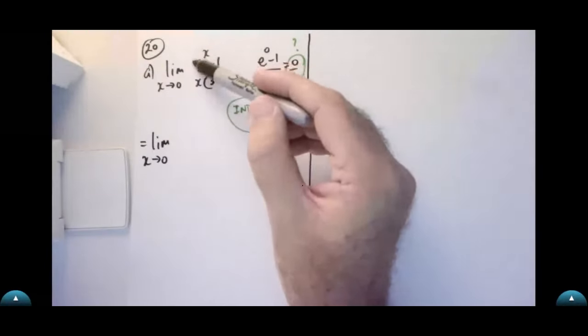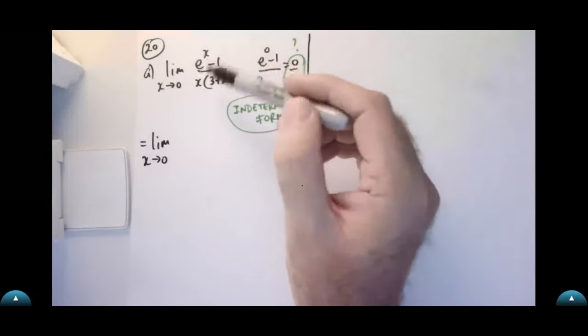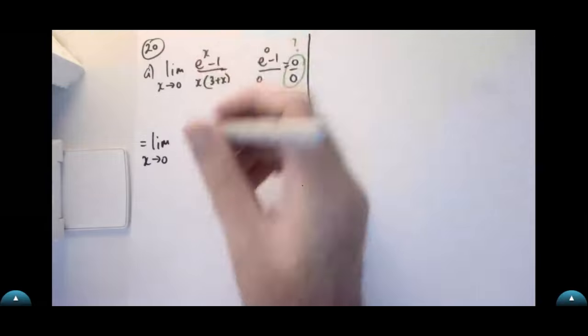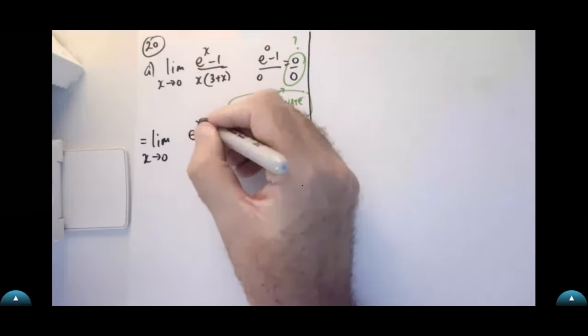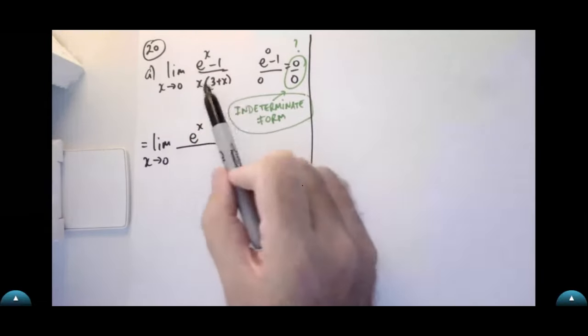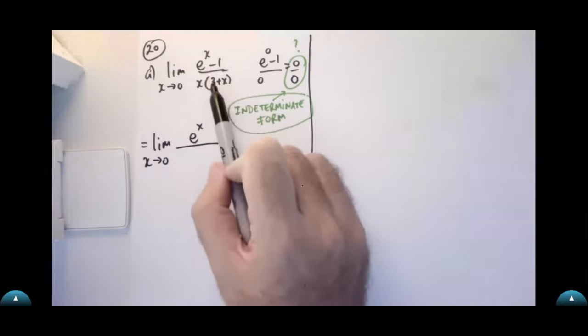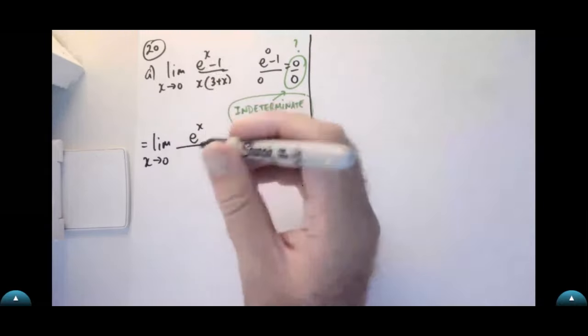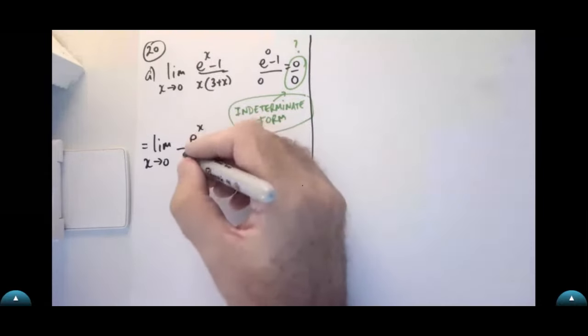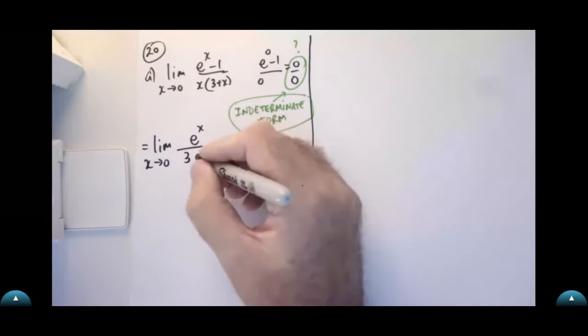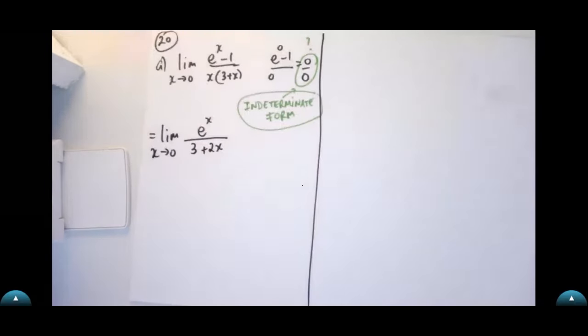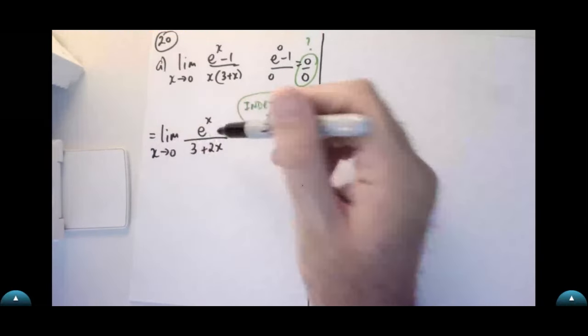Let's have a look at how we might apply L'Hopital's rule. You differentiate the top, and that replaces the top function. You differentiate the bottom, so you have 3x plus x squared, which is going to be 3 plus 2x when you differentiate it. Now, if we take our limit again, who can tell me what this limit is going to be?